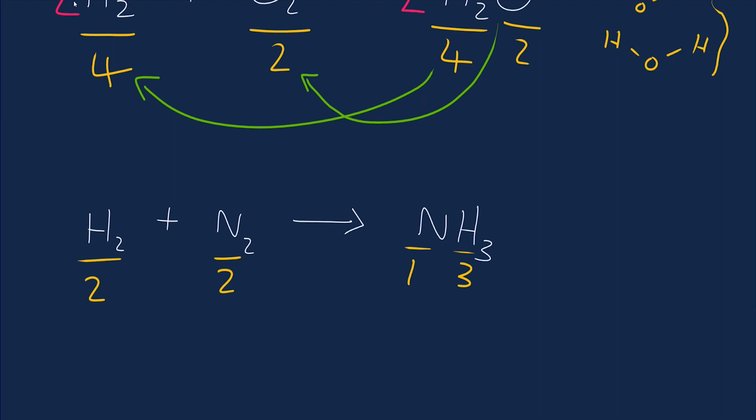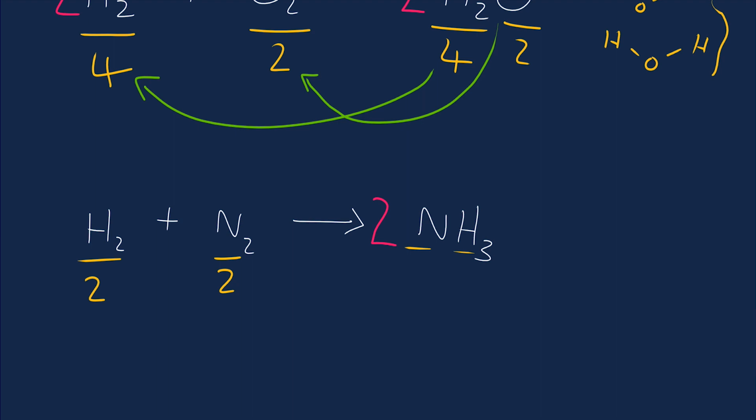So what I'm going to do to start off with is we need to increase how much ammonia we are producing. We need to increase NH3. So I'm going to put a 2 in front here, and then I'm going to recount how many of each atom we have.